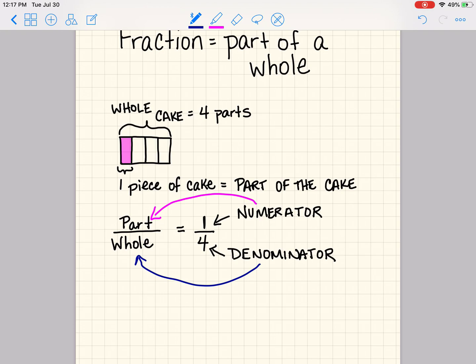Now, we also have to note that a fraction is really division. It's just division in a different visual form.